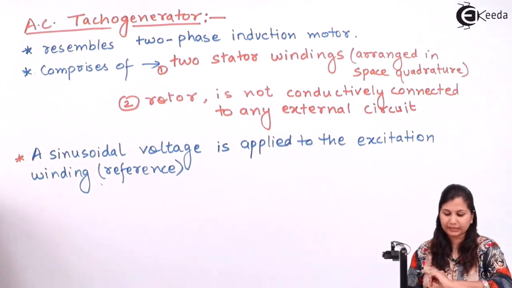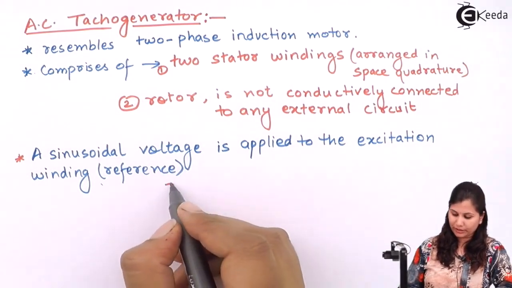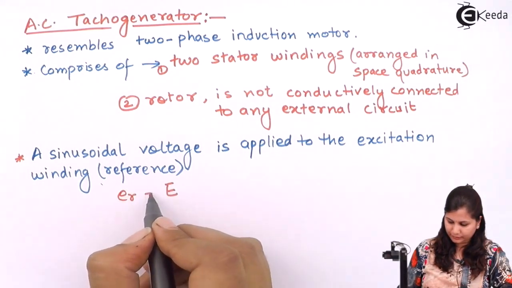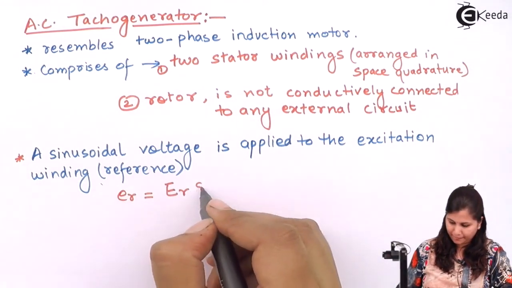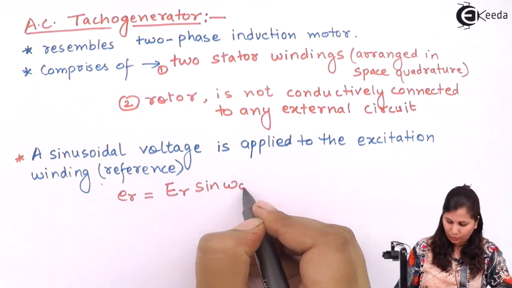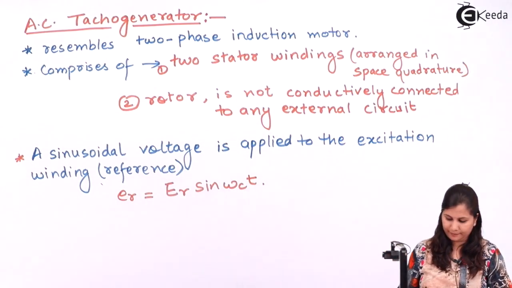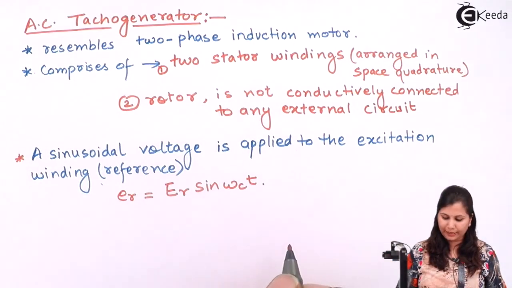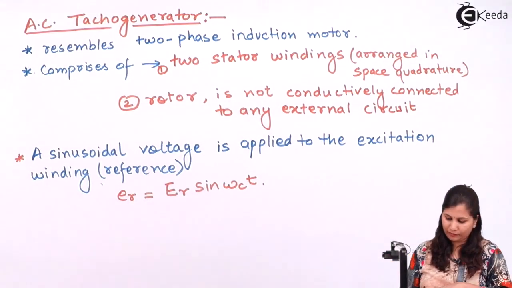So if we represent this sinusoidal voltage, it will be Er sin omega c t. Okay, so this is the sinusoidal voltage which is applied to the excitation winding.